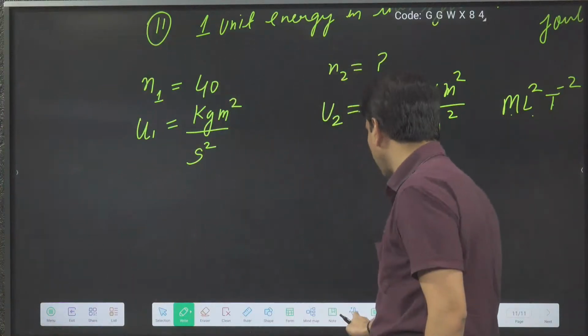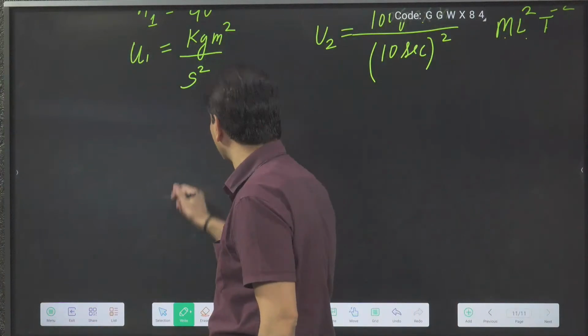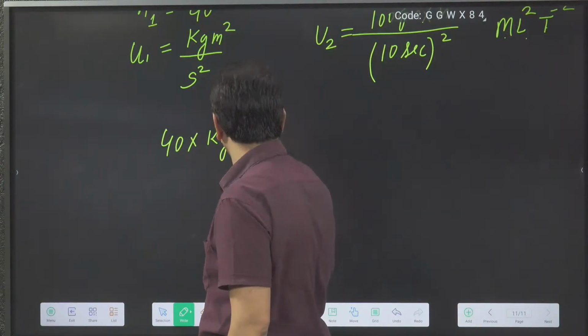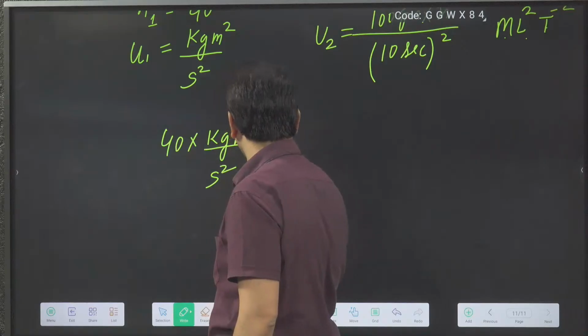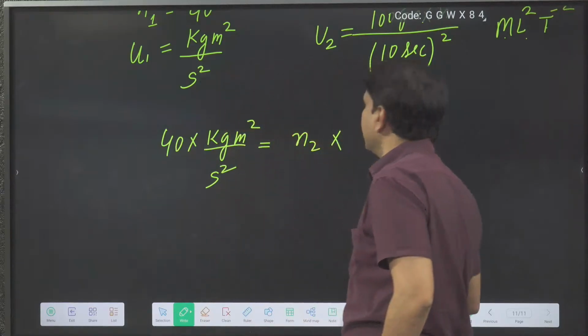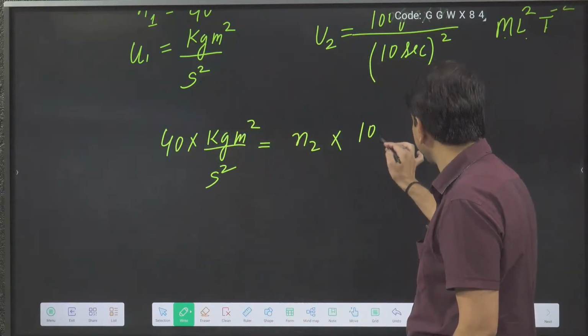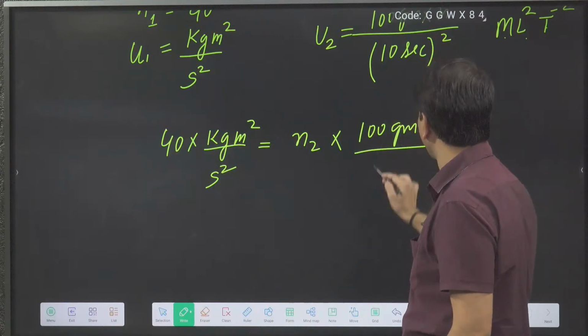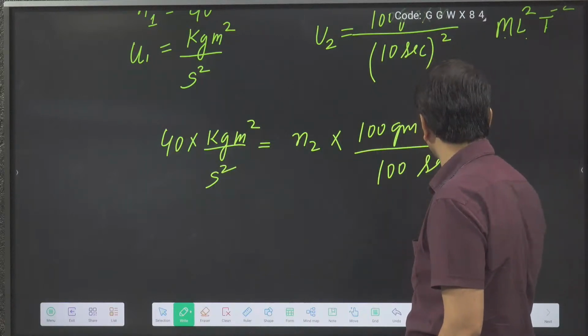Now solve it. N1 U1 is equal to N2 U2. So 40 into kg meter square per second square is equal to N2 into 100 gram into meter square upon 10 square, which means 100 second square.